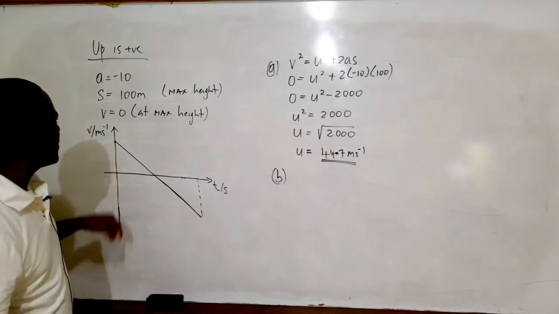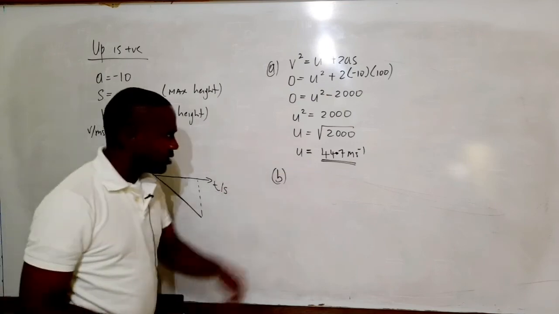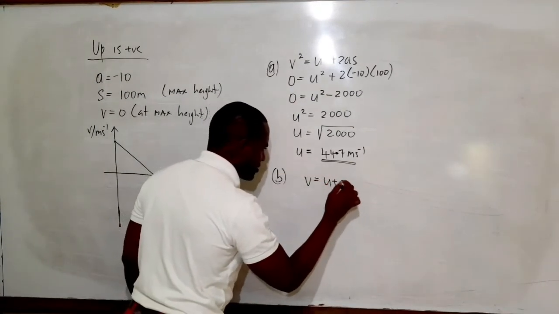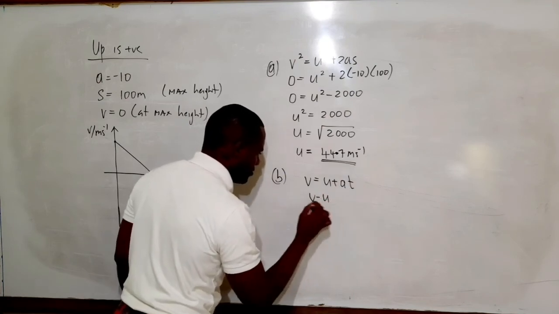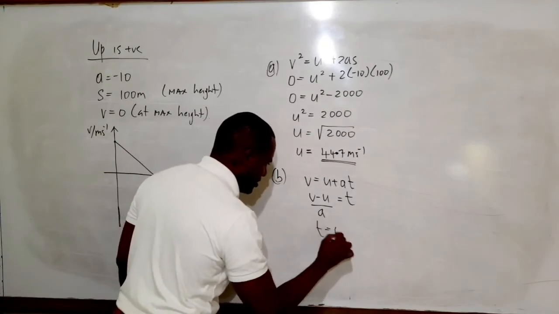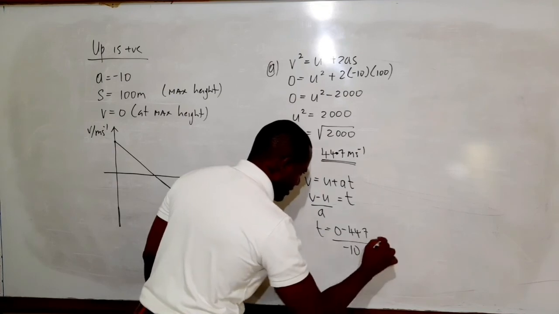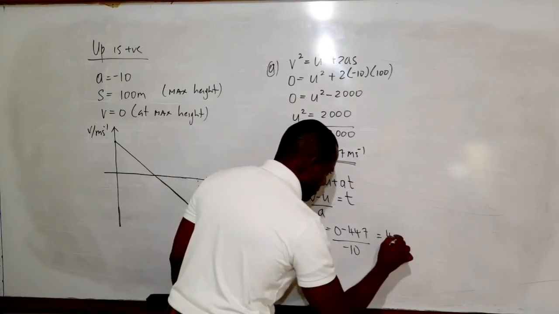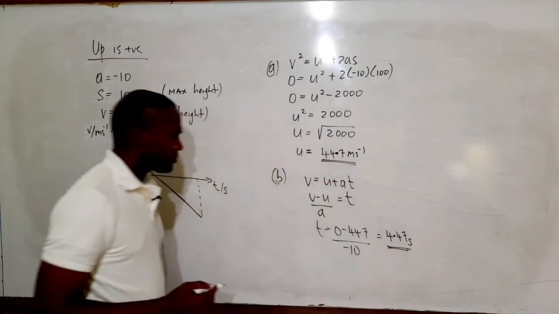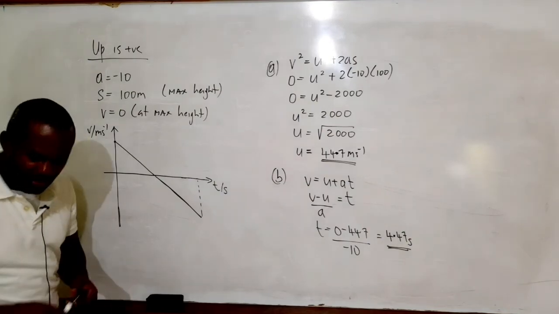Now we know that at the maximum height, V equals 0, we have A, we have U, so the most logical equation to use is V equals U plus AT, and therefore V minus U over A is equal to T. And so T is equal to 0 minus 44.7 divided by minus 10, and that gives us 4.47 seconds. So the arrow would take a time of 4.47 seconds to reach its maximum height.